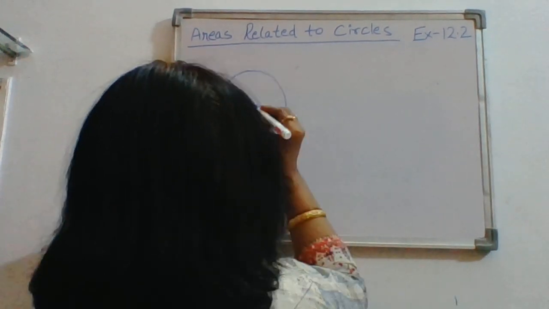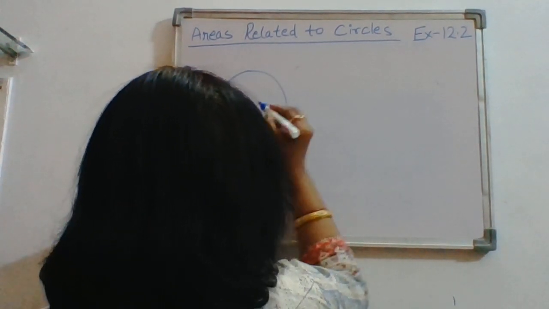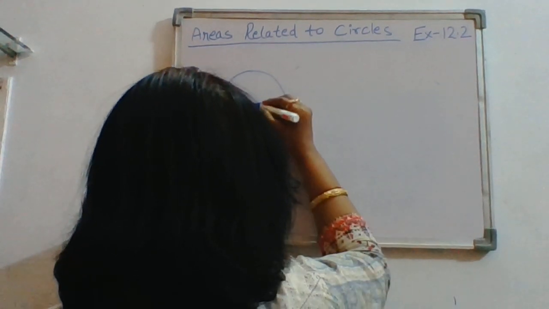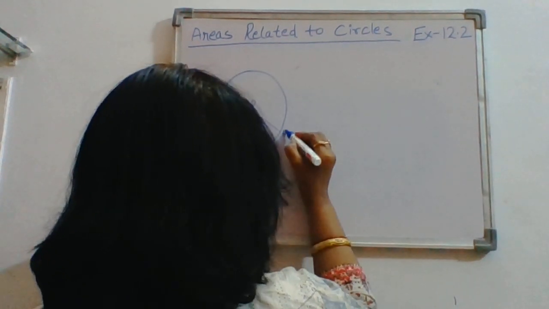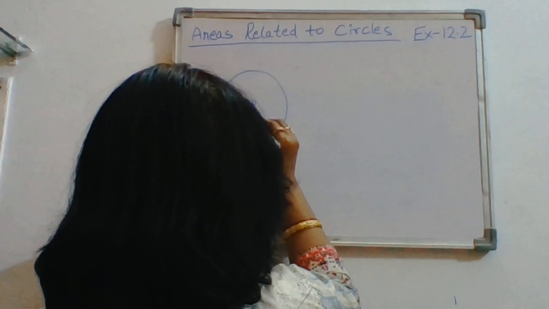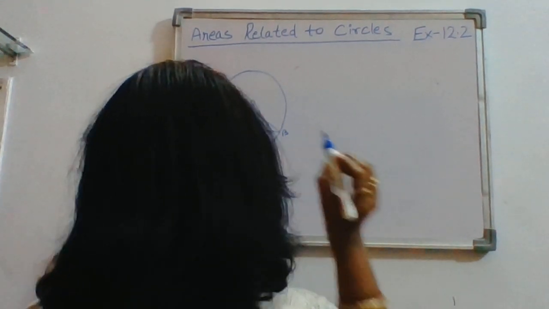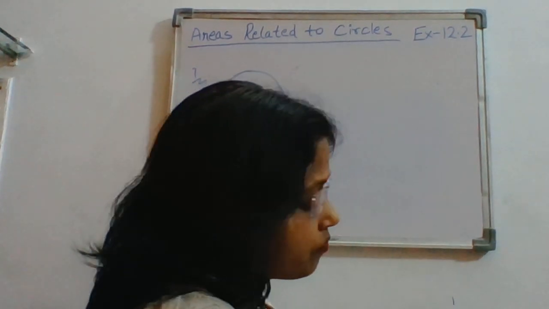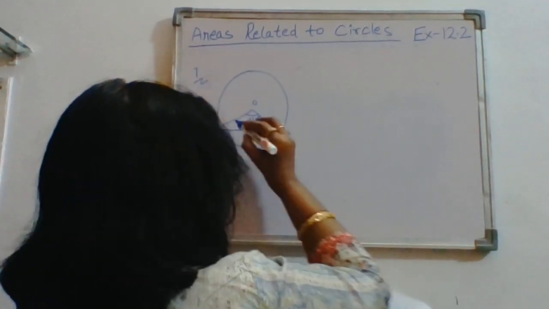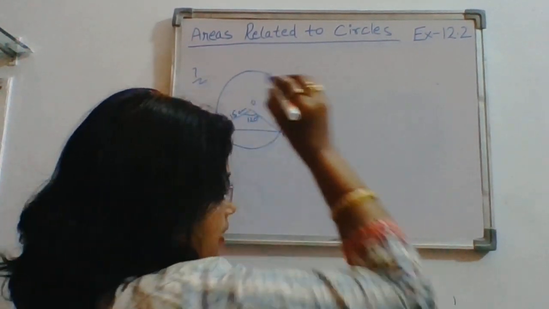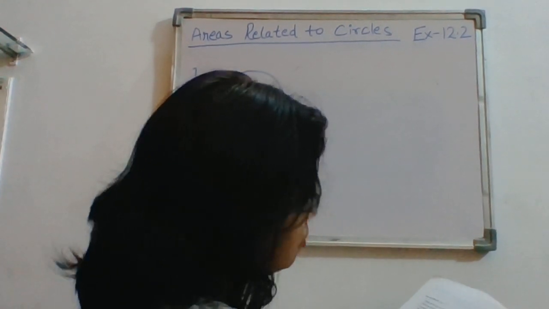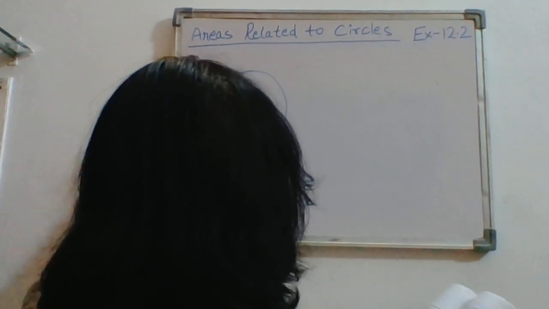This is question number 7. Central angle is 120 degree, right? So the radius of the circle is 50 centimeter. Sorry, it is 12 centimeter.